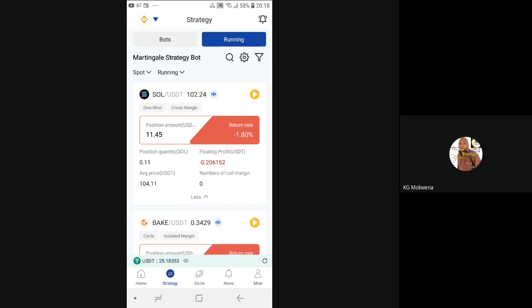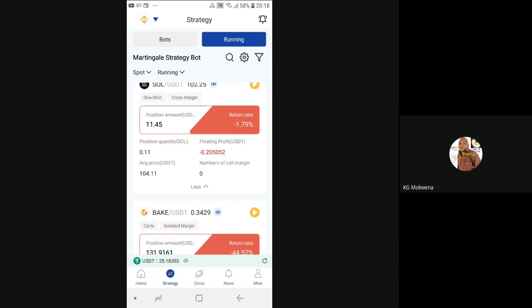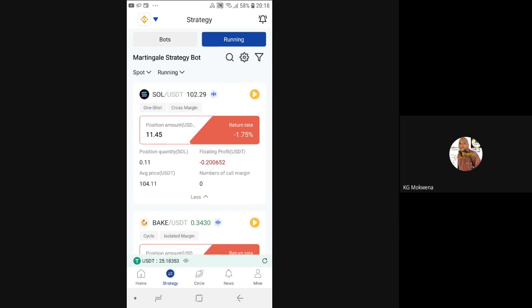So Solana at the moment is selling at $102.25. So we bought it at $104.11. That's what we entered at that point. I think Solana was around 7% upwards when we entered that particular coin when you wanted to trade it.